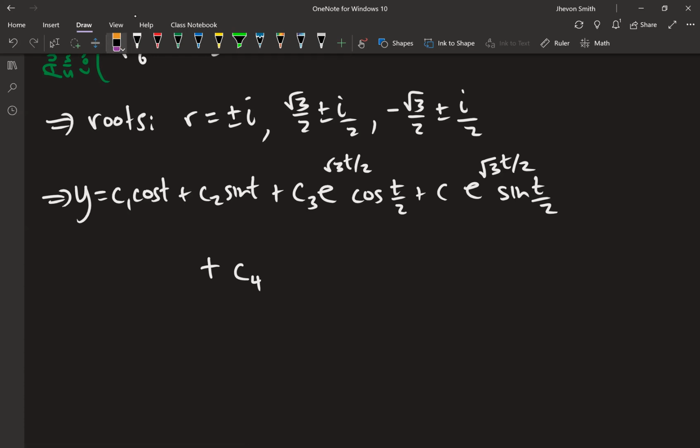That's a C4, because I was counting and I realized I wouldn't have gotten 6.